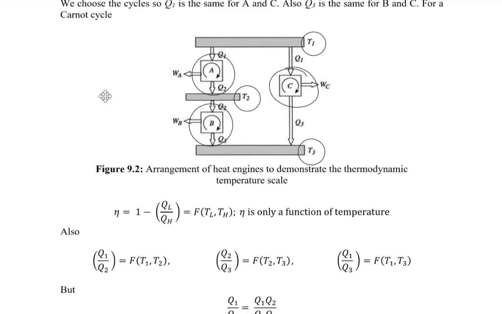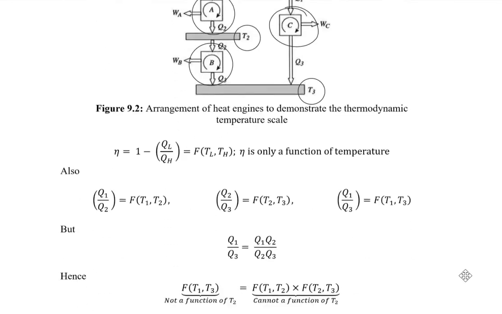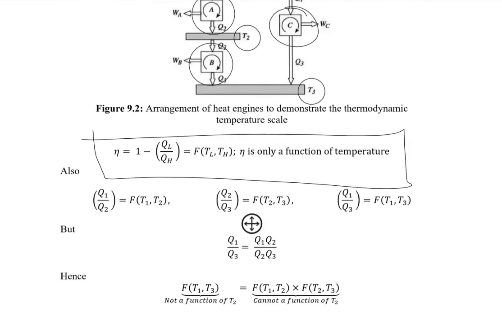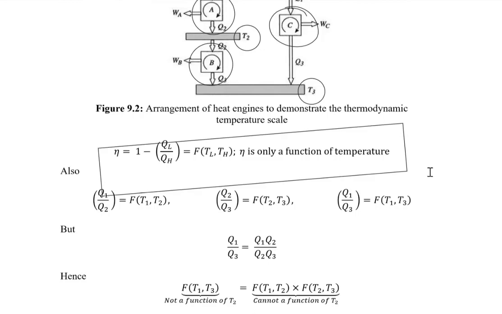Efficiency is a function of temperature, and it was derived using the heat extracted from the high temperature reservoir and rejected into the low temperature reservoir. So we consider that the efficiency is a function of temperature.